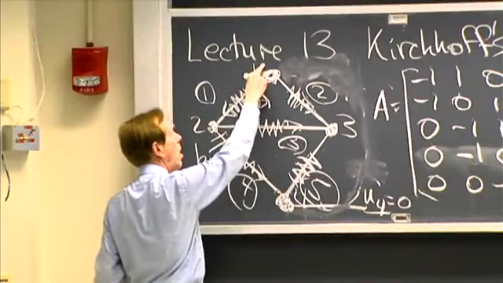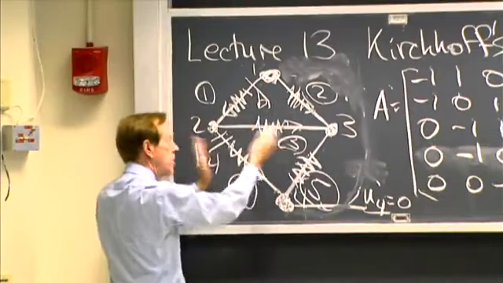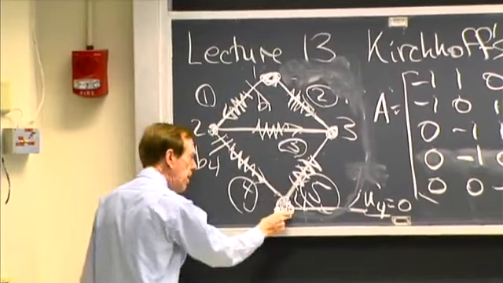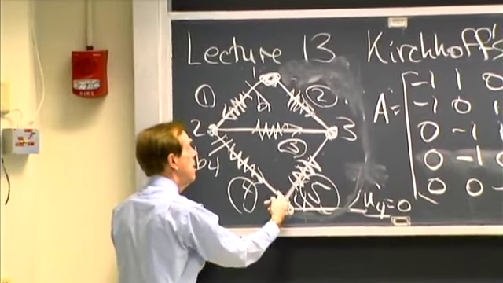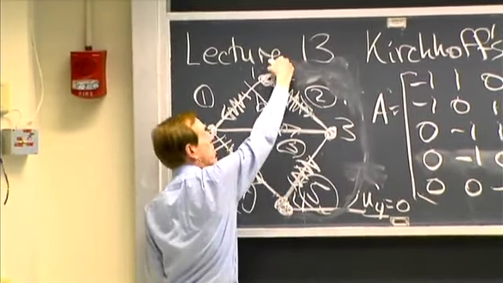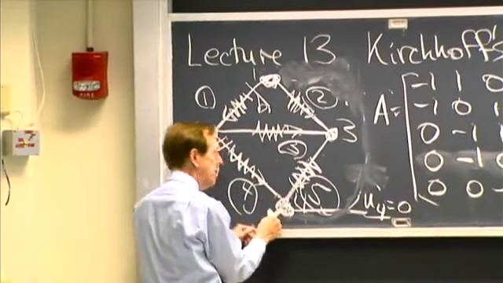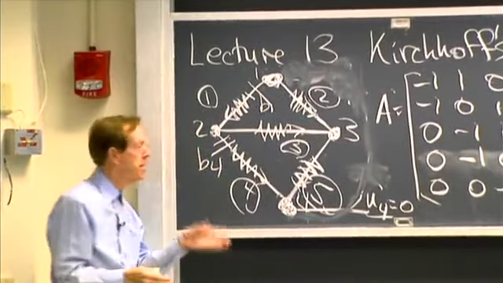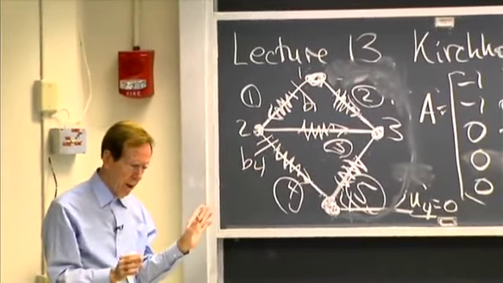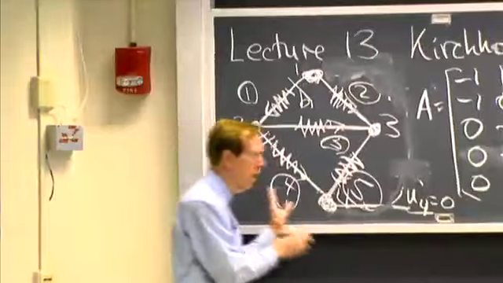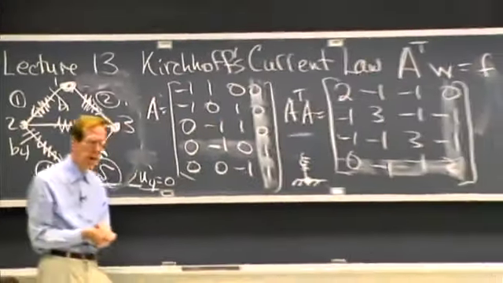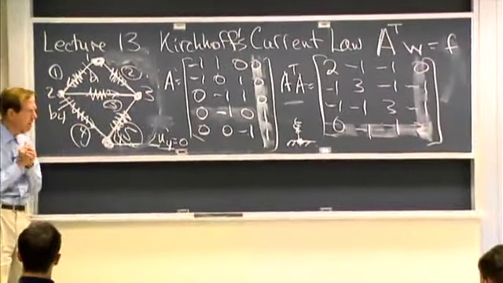If I fix this at 1, fix this at 0, some current will flow. It'll come out here, and that'll be the current going into here. Somehow there'll be a balance there and a balance there, but it's found later, just the way the force in the support is found later. Okay, that takes a little thinking.